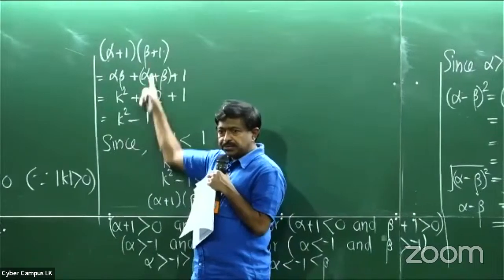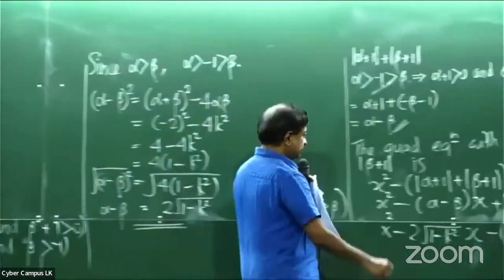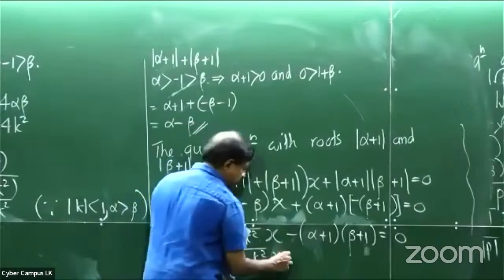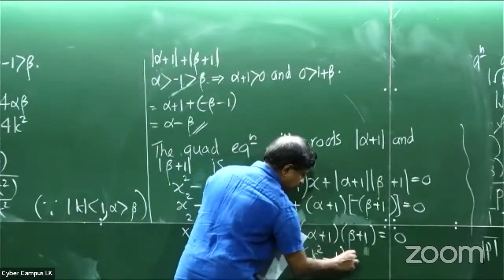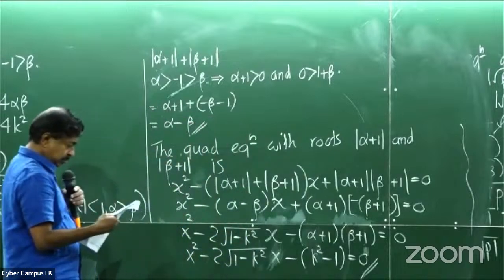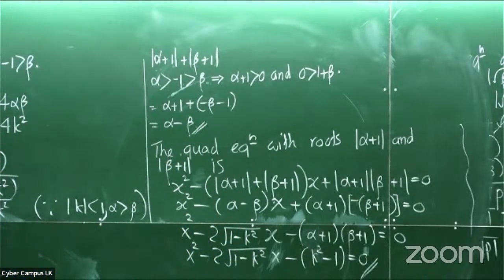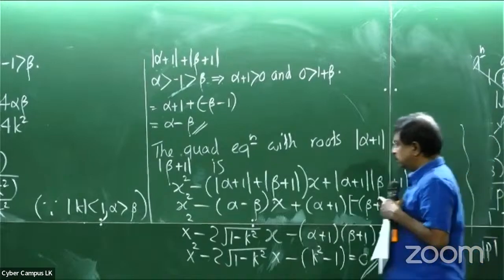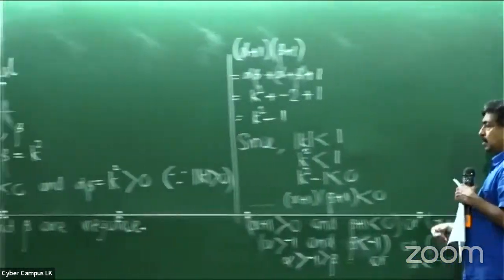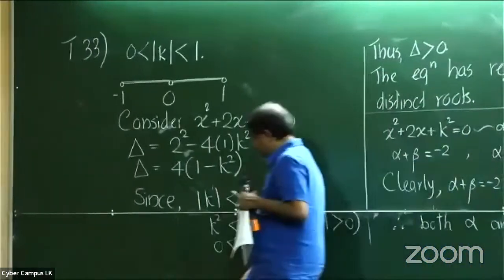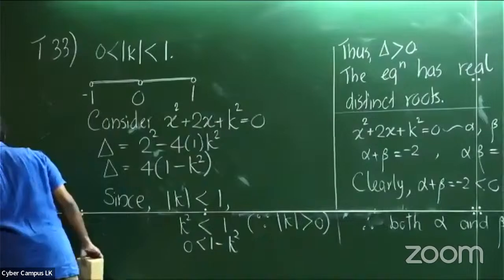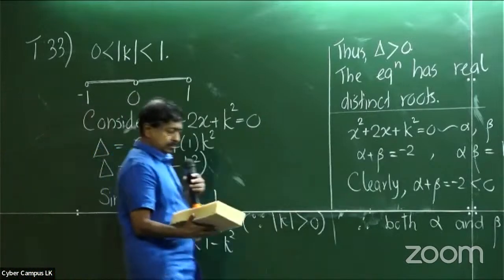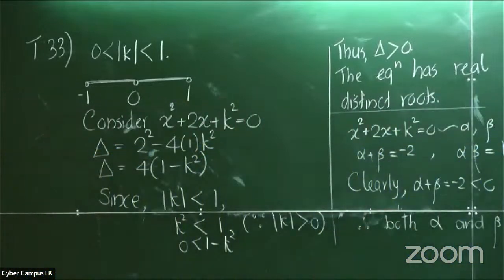So it's k squared minus 1. Okay. You can take that down.